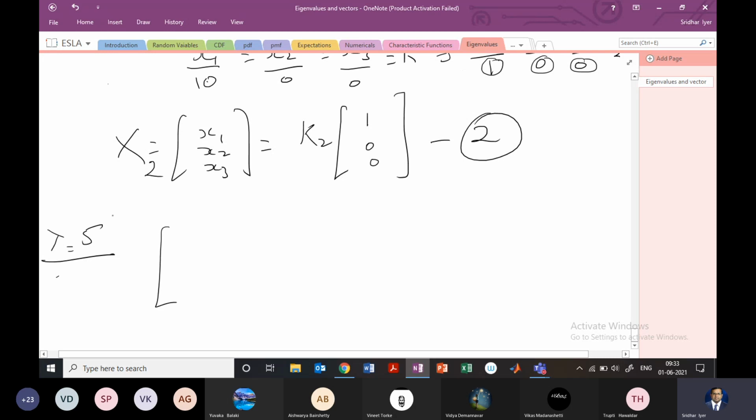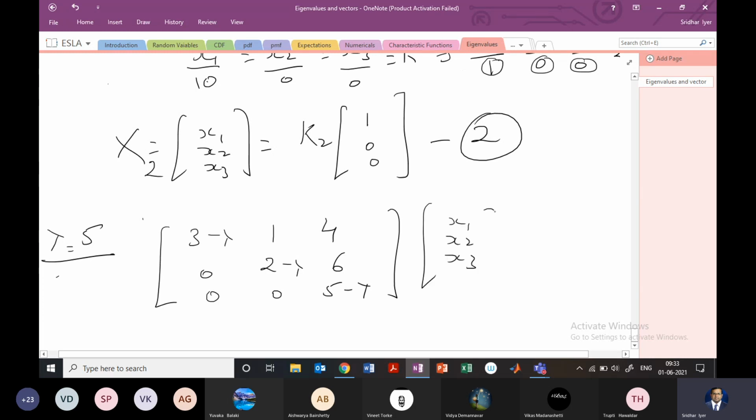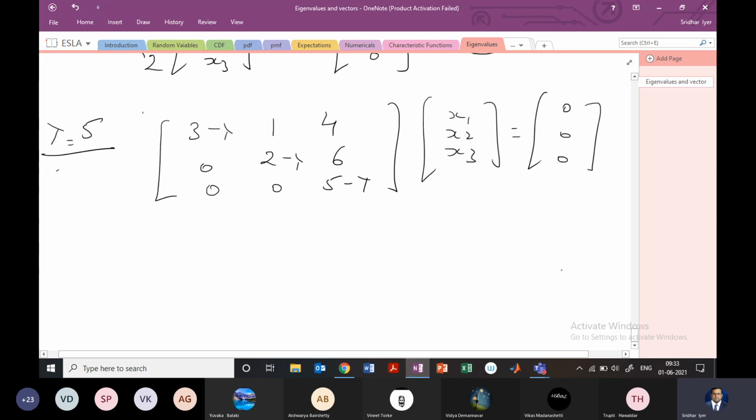So this is 3 minus lambda, 1, 4; 0, 2 minus lambda, 6; 0, 0, 5 minus lambda, and you have x1, x2, x3 equal to 0, 0, 0. Just take a minute and see what answer you get.